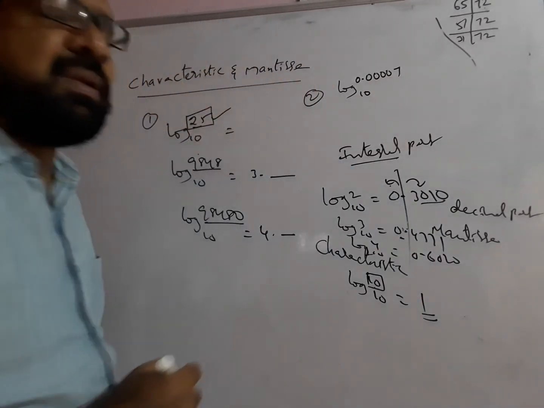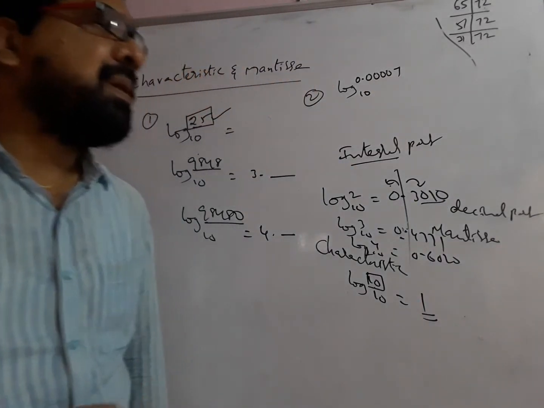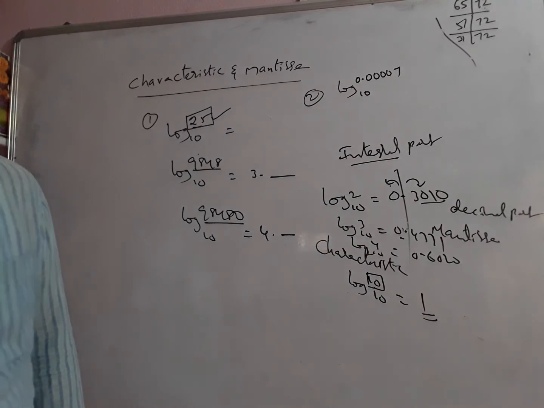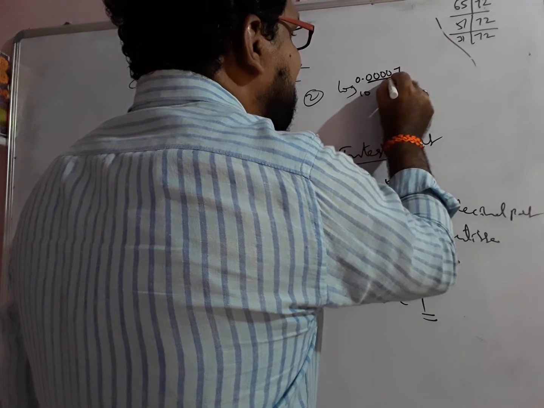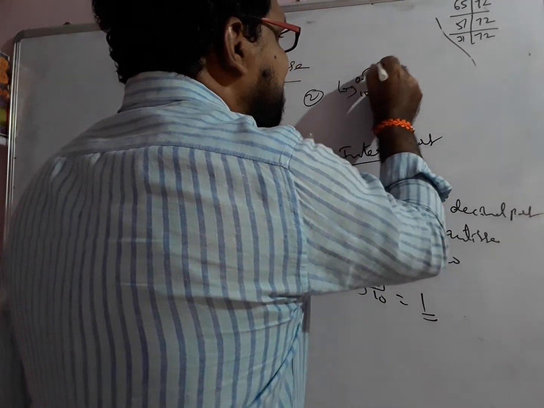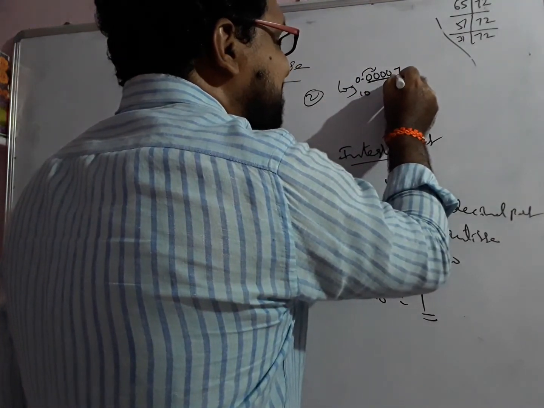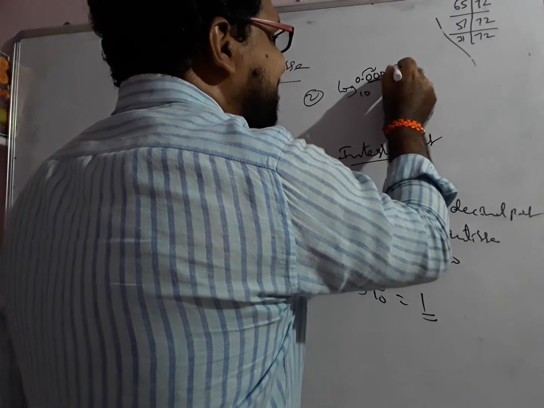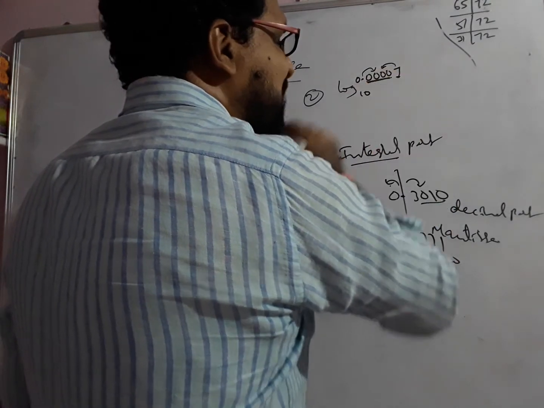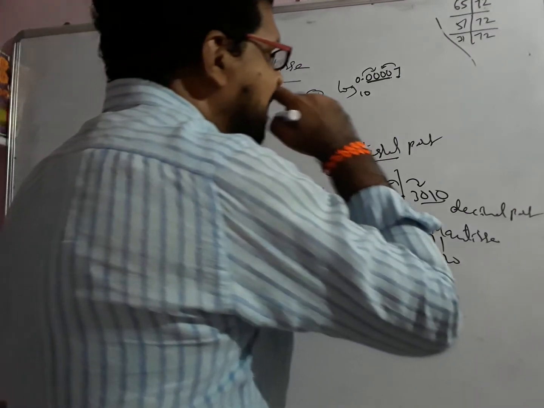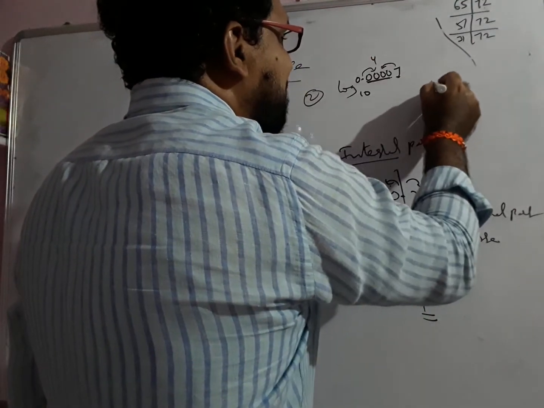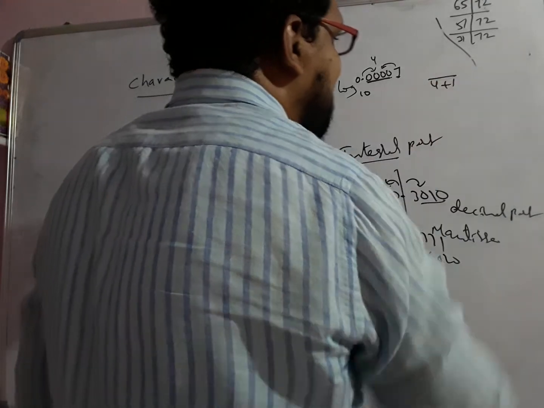Here we have the decimal point, and after it the first non-zero significant digit. Before that non-zero significant digit, how many zeros are there? There are 4 zeros. So here the characteristic is 4 plus 1 bar.